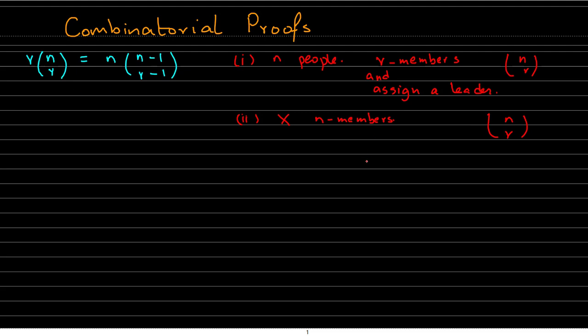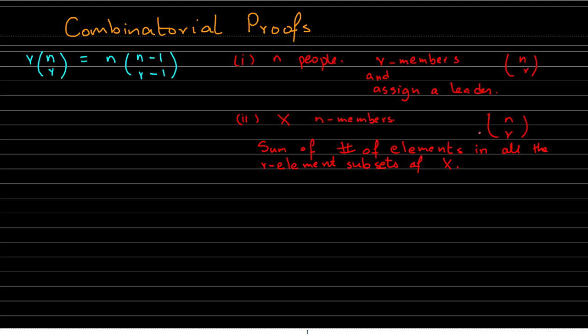So let's find the sum of the numbers of elements in all the r element subsets of X. There are n choose r subsets of X with r members, and each of them has r members.